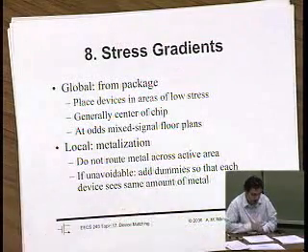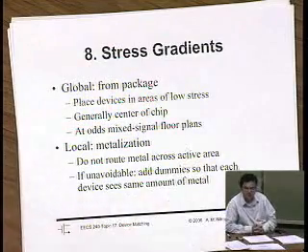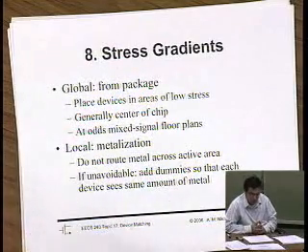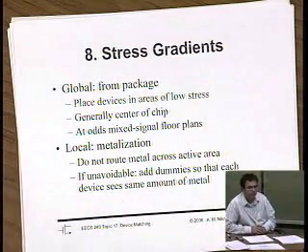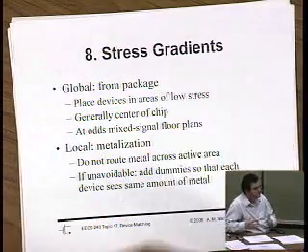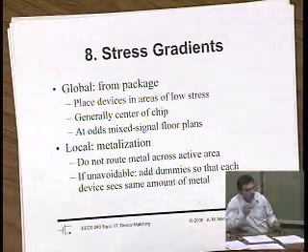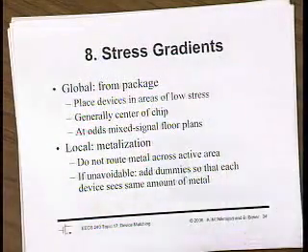And that stress will change the properties of your device. It'll change your threshold voltage, for instance. So how do you solve that problem? Well, first of all, either make sure that your devices see the same stress, or better yet, don't see that stress. That's the solution to the problem.